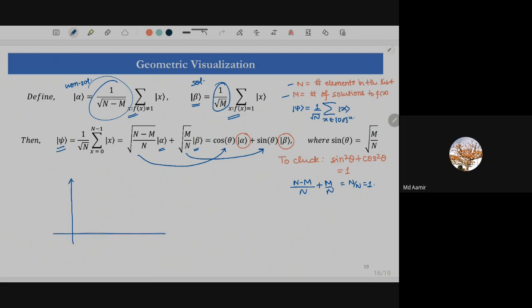Here also note that alpha and beta are orthogonal. So we have a solution vector here, beta, and here alpha. We can clearly see that alpha and beta are orthogonal because all these are basis elements. If we take the inner product of this one with this one, then definitely we'll get 0 because all are bases. So we have just combined all the solution bases into beta and non-solution bases into alpha, and this psi vector will be something here.